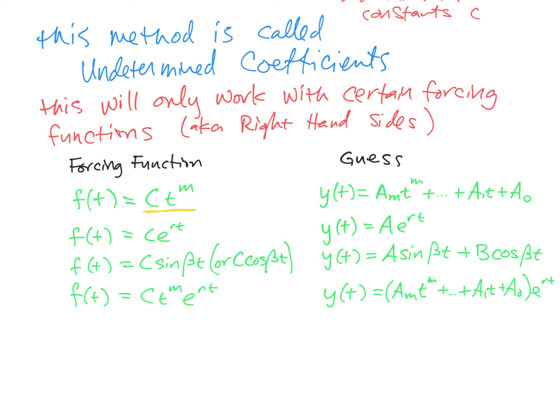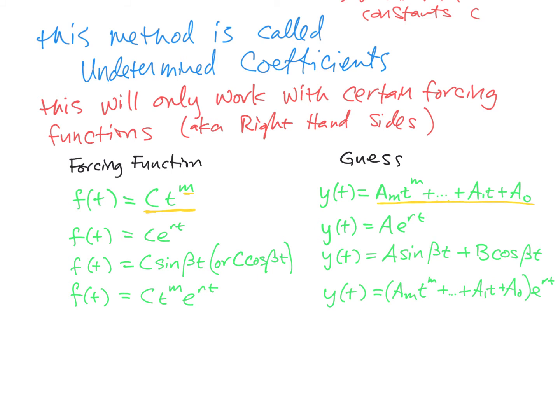So this is a monomial, a power of t, and you might have some constant out in the front, c. And just like we saw, our guess is going to be a polynomial of the same order, but with all the lower order terms as well. So if you've got a t to the m on the right-hand side, then your guess is going to be a polynomial that starts with t to the m, and it might have all these lower order terms.